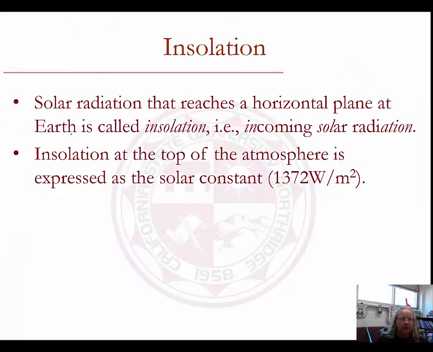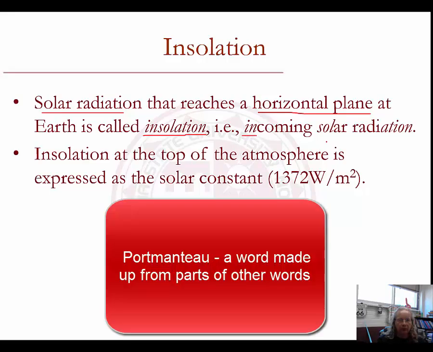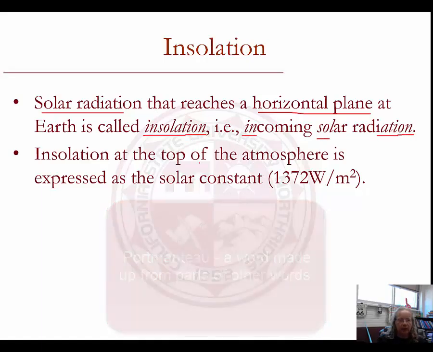This solar radiation that reaches the Earth's surface at any place is called insolation, and it's a portmanteau of three words: incoming, solar, radiation. When I use the term insolation, that's not insulation with a U, but insolation with an O. This is essentially the energy that is coming from the sun to us.